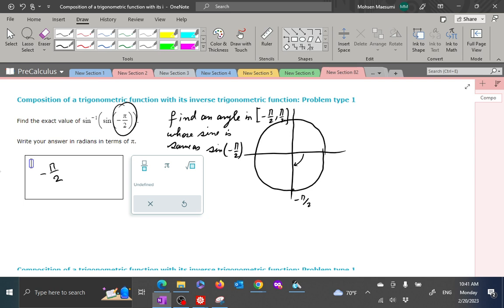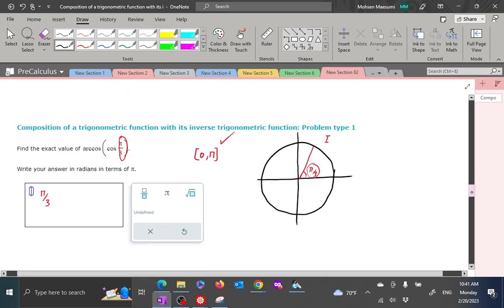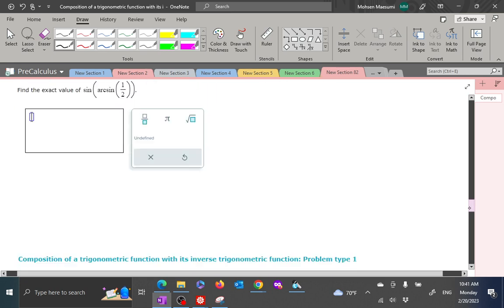In this case, the angle that is given is already in the correct range, and we don't need to do anything. The answer is just minus pi over 2. Let's find another one which is going to be a bit more interesting.